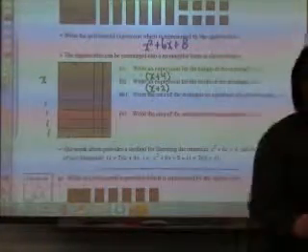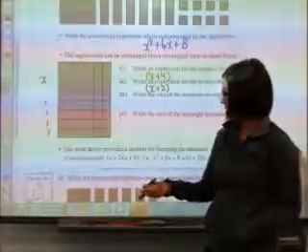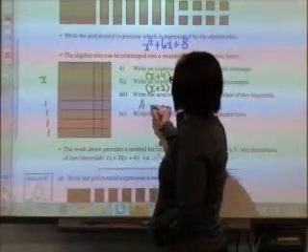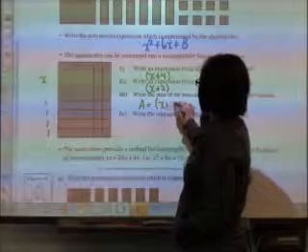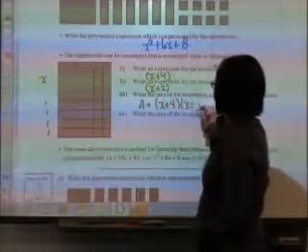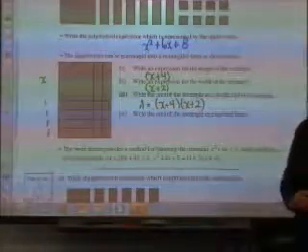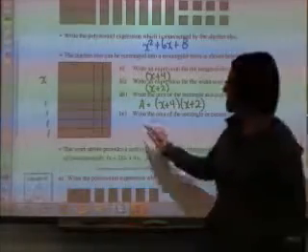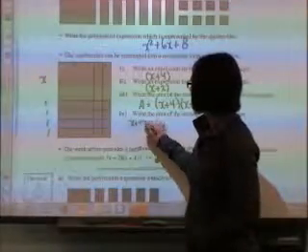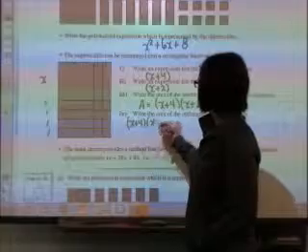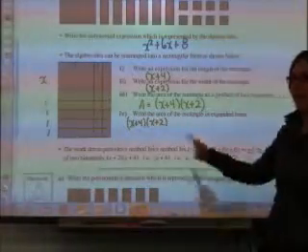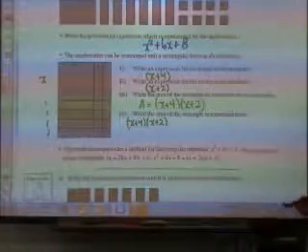How do I calculate the area of a rectangle? Length times width. So the area is going to equal x plus 4 times x plus 2. If I expand this out, I use the distributive property. X times x, x squared.